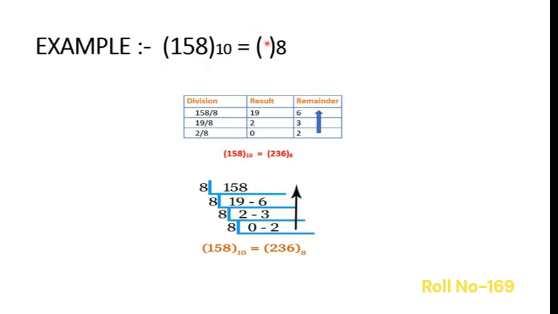To convert decimal to octal, we need to divide by 8 and write the remainders in the reverse direction. From the given example, 158 to the base 10 is equal to 236, which we write in the reverse direction, to the base 8.